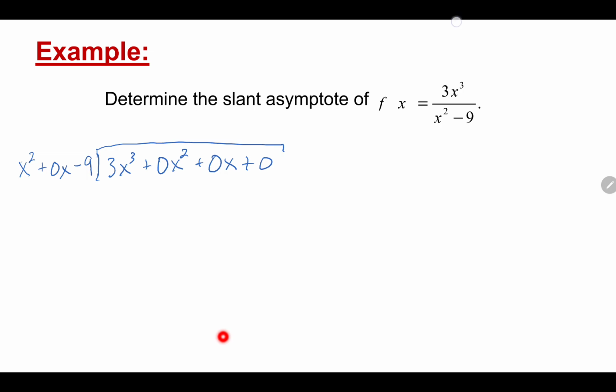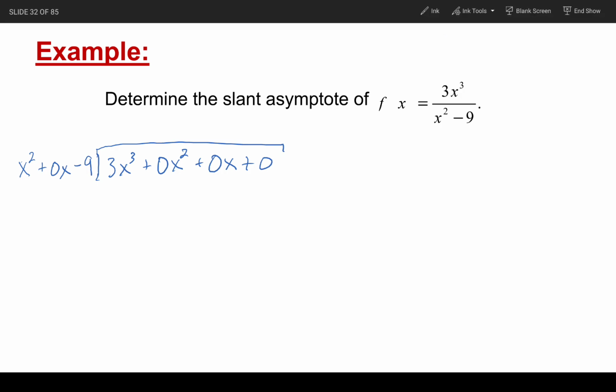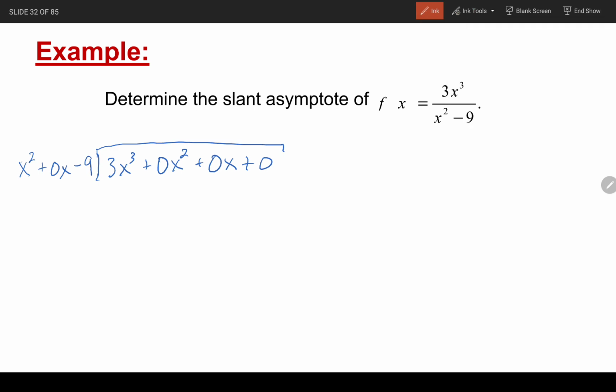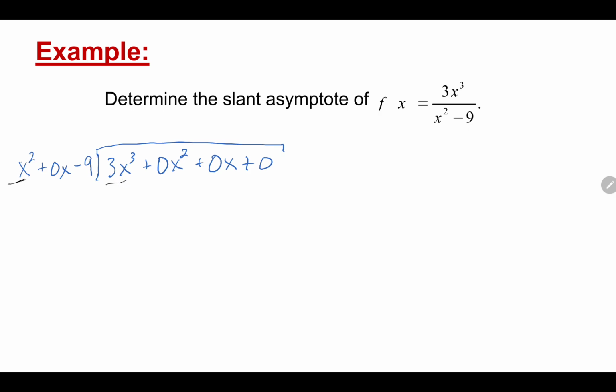So now, again, let's go with a different color. Let's do, I don't know, black. Okay. So what times x squared is going to give me 3x cubed is going to be just a 3x. 3x times x squared is 3x cubed. 3x times 0x is 0x squared.